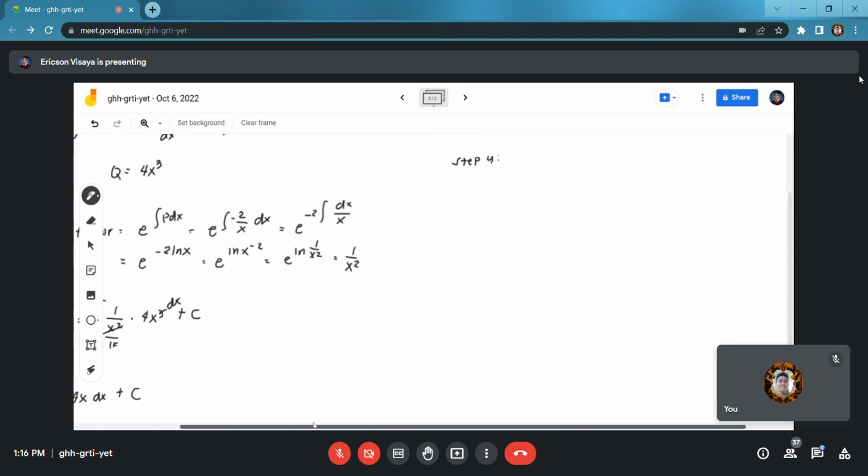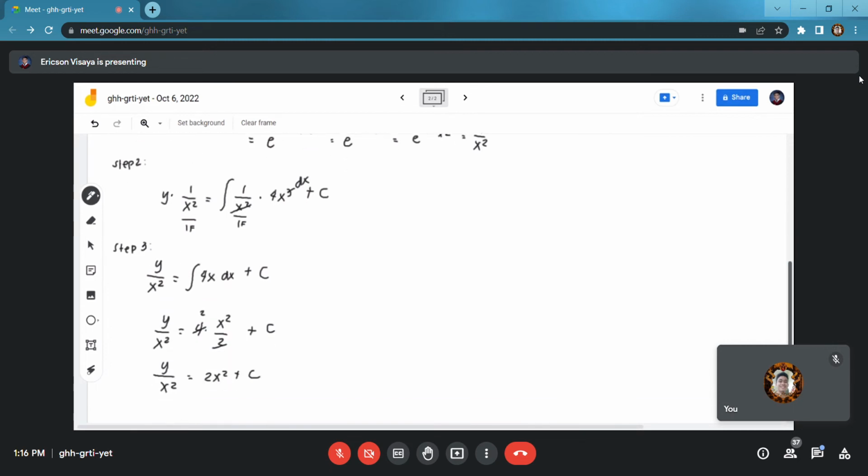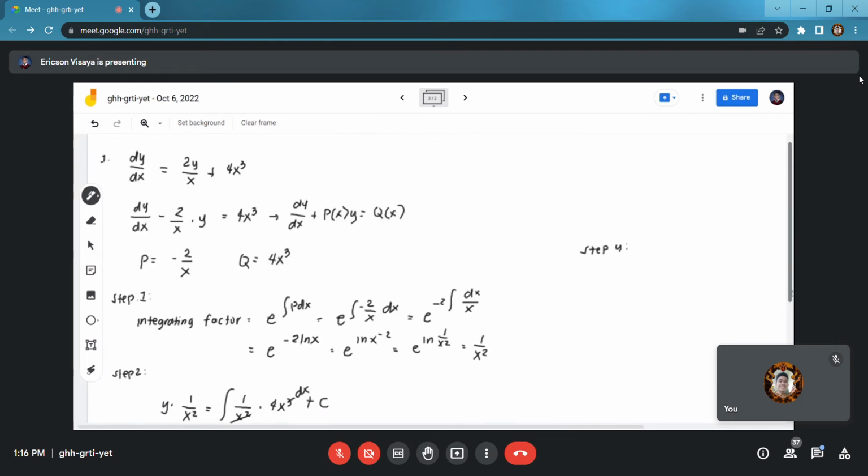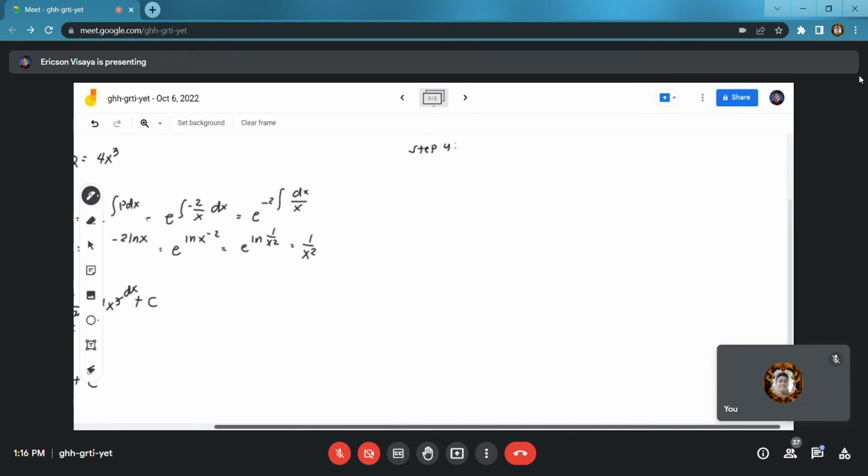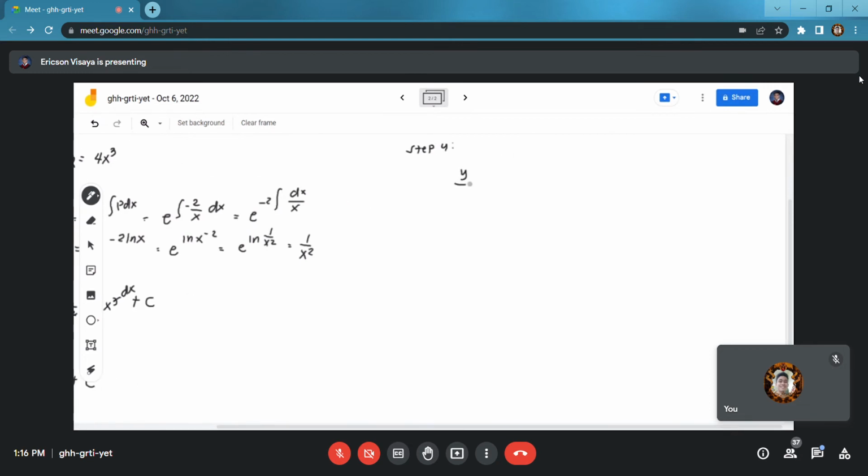Bali, kanina, meron tayo dito y over x squared is equal to 2x squared plus c. So, multiply both side natin para matira lang si y dito. So, bali, x squared. So, cancel x squared. Therefore, y is equal to 2x to the fourth plus cx squared. Yan. So, bali, ito na yung sagot natin.